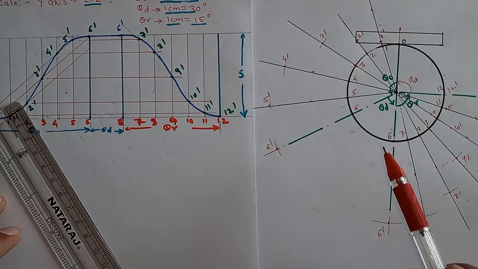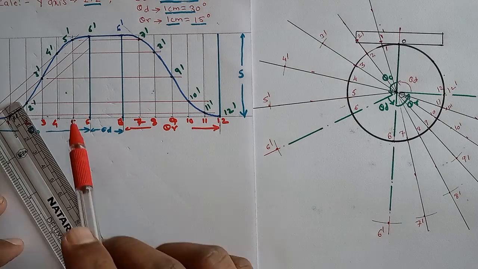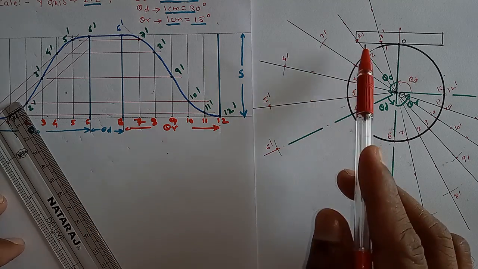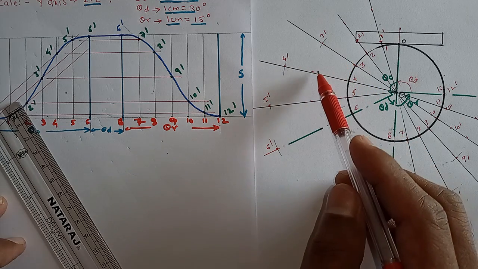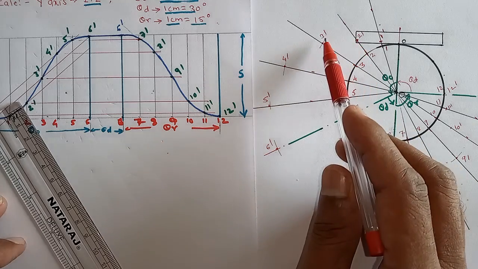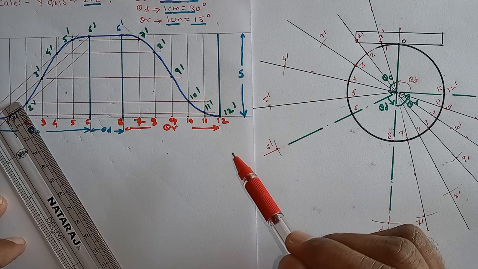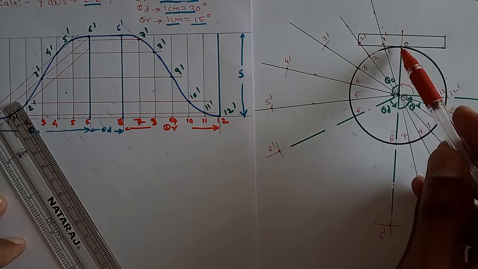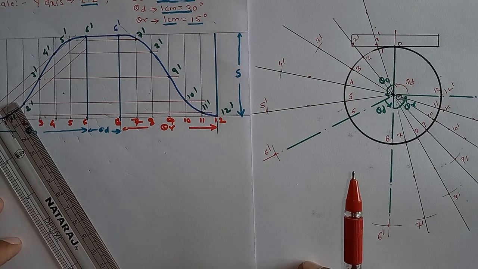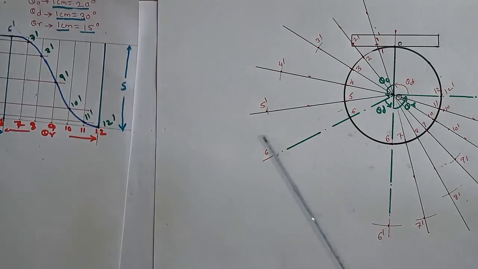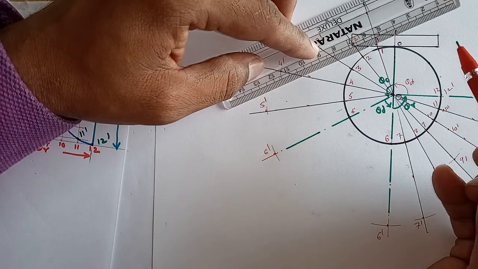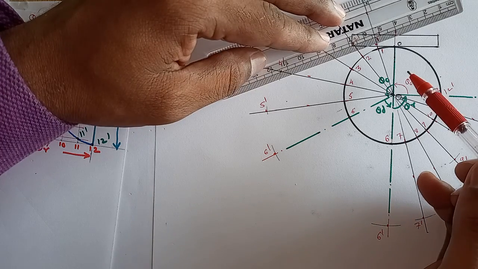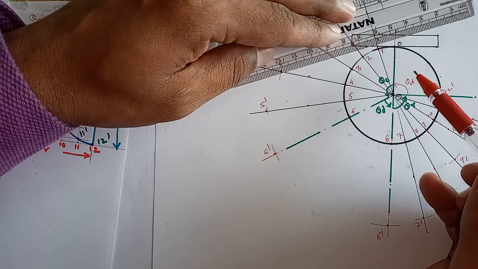Now after plotting the displacement of the follower at all the instances from the displacement diagram on the corresponding line of action of the followers, we draw a line perpendicular to each of these lines of stroke at the positions of the trace point. That will be the position of the flat face of the follower. So let us do that. So at 1 dash we will draw a line perpendicular to 1 dash.